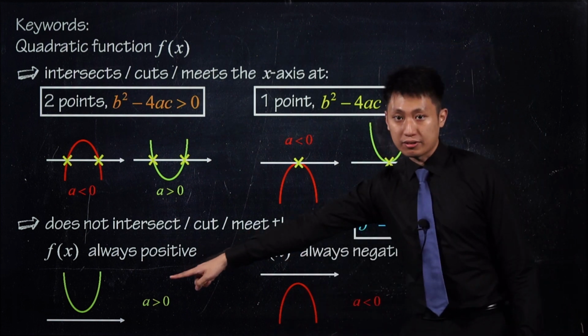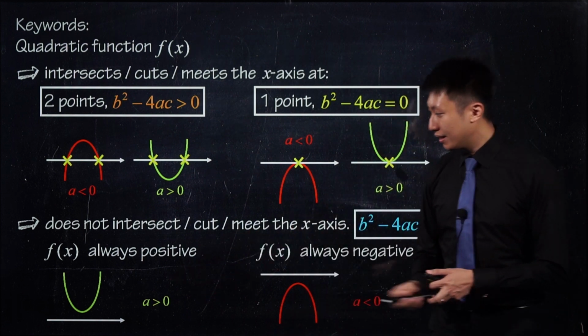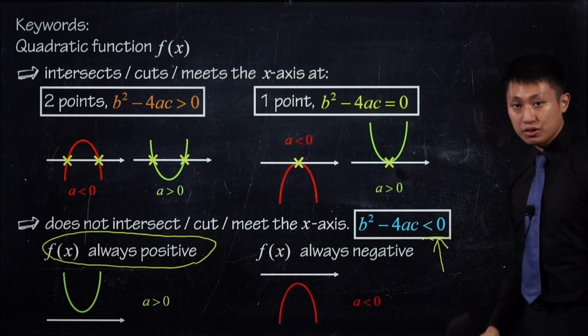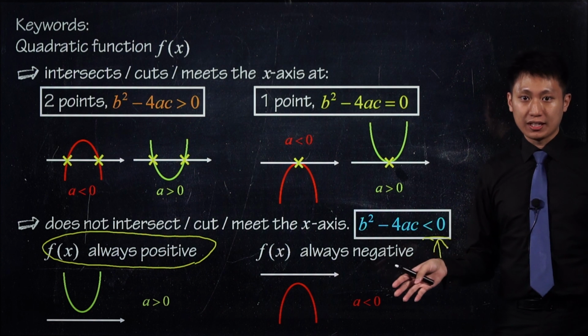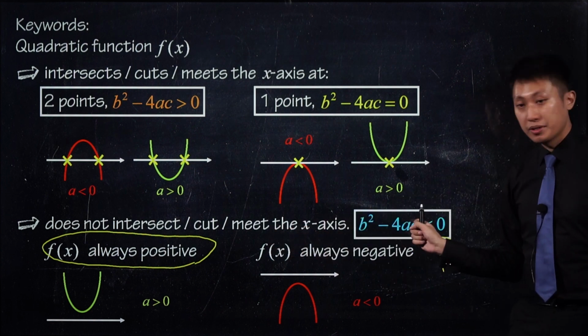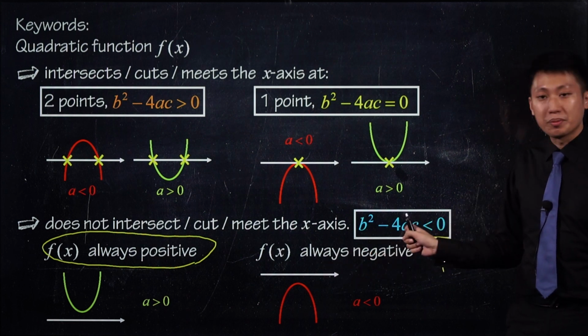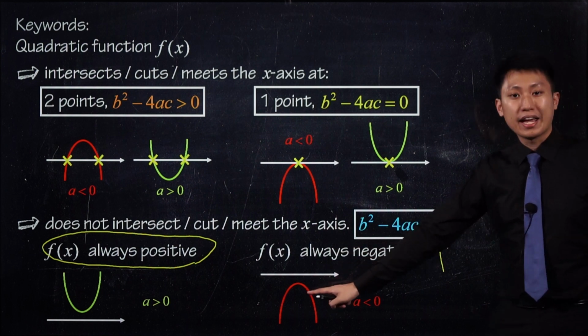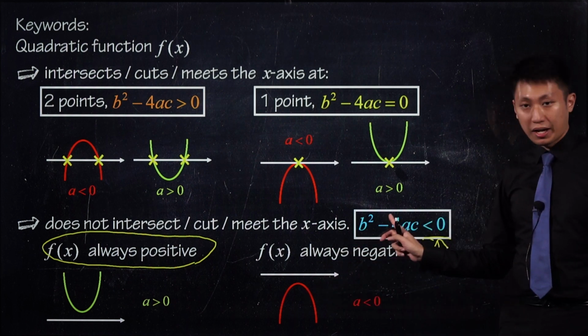That's why it looks like this one. So you got to be careful how the question is worded. It's worded this way, positive also means this one, always negative also means this one. But then you need to know always negative means a is less than 0, and this one happens.